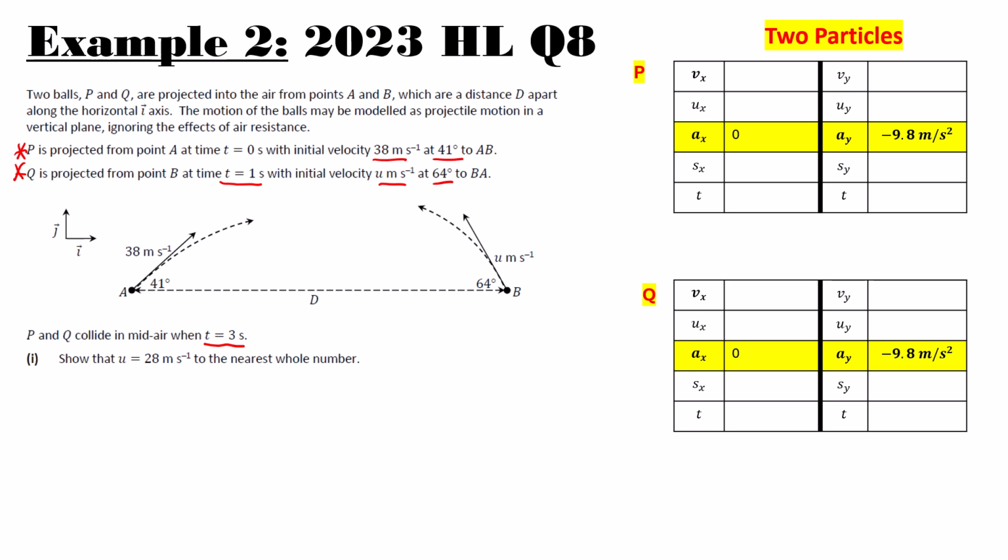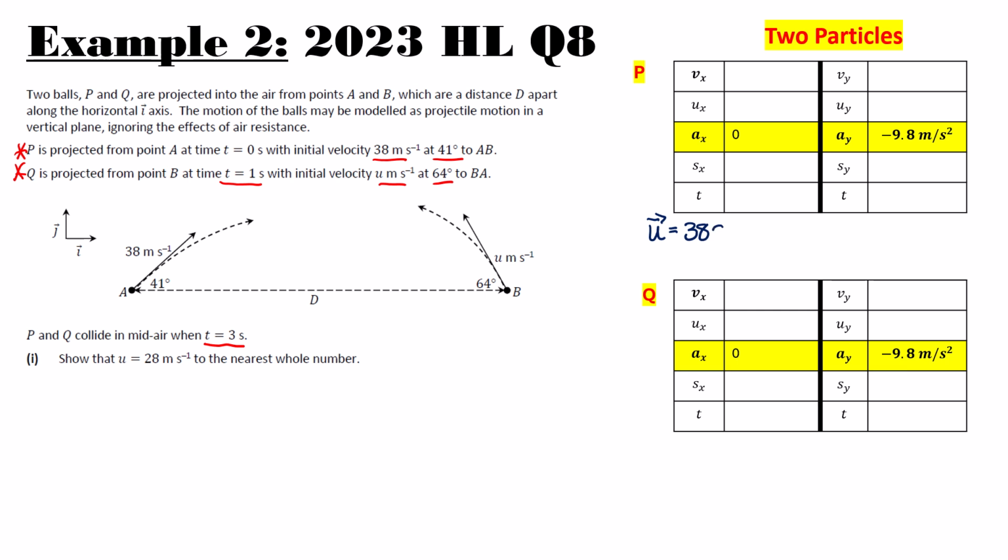So the first thing I'm filling in, and it's already there, is my acceleration, because that does not change. The second thing is going to be my initial velocity. So the initial velocity of P has a speed of 38.